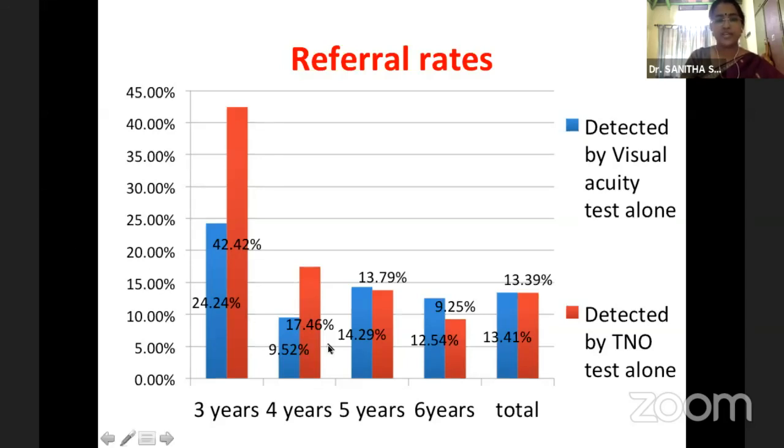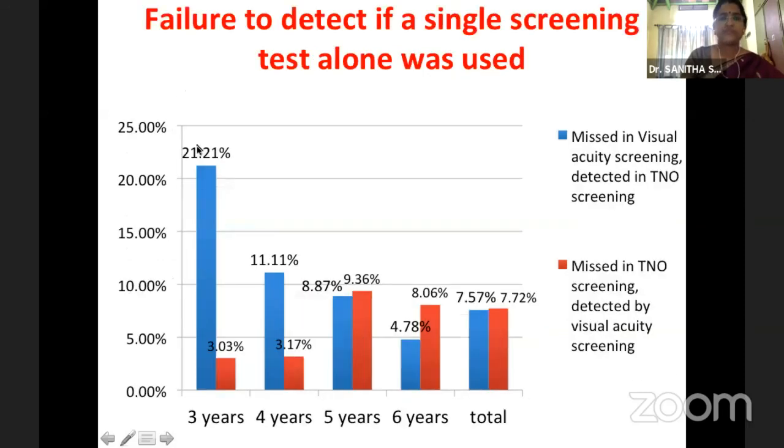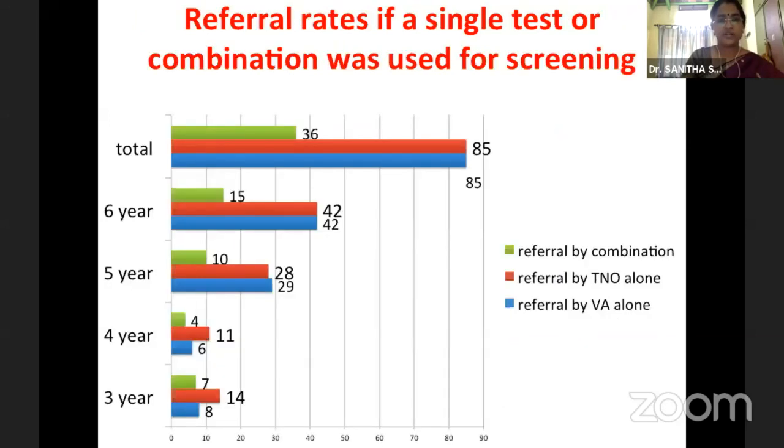This pattern was similar in 4 years also, and again in 5 years and 6 years there was a more or less equivocal response. And many children who were missed in visual acuity screening were detected in TNO screening. For example, in 3 years, 21.21%, which was similar in 4 years also.